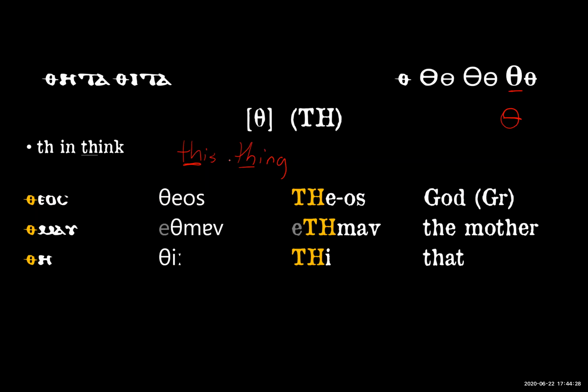And if it will help, if you put your fingers over your vocal cords, so on your throat, and you say this thing, you'll notice when you say the TH in this, the vocal cords are vibrating. So this is voiced. And when you say thing, when you hold the th sound, there's no vibration. So the linguistic term is voiceless.